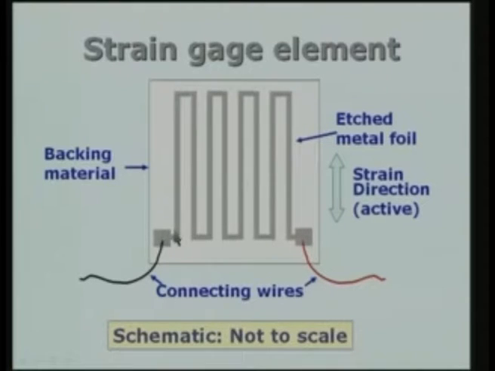And you see that it consists of sectors which are straight, and then there is a small bridge between the two straight segments, again another straight segment, and so on. So, the idea is to make a large length for the conducting material. This is the conducting material, which is the metal foil, which is going to have a large length equal to the number of such units multiplied by twice the length of each segment.